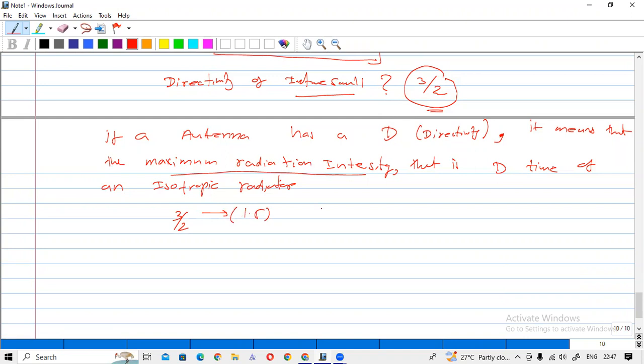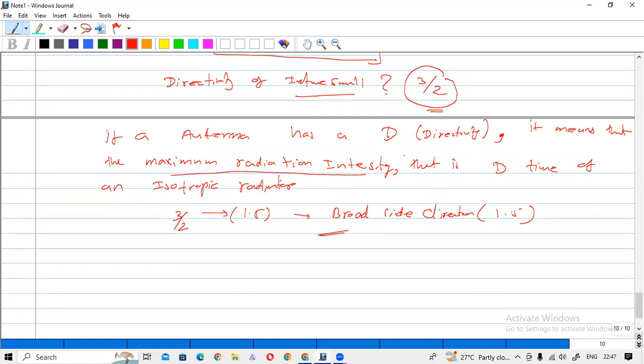So we can say that the radiation intensity in the broadside direction of this antenna, because the infinitesimal antenna has the maximum radiation intensity in the broadside direction, is 1.5 times that of the isotropic radiator that carries the same power. If you have that idea, that will be enough.